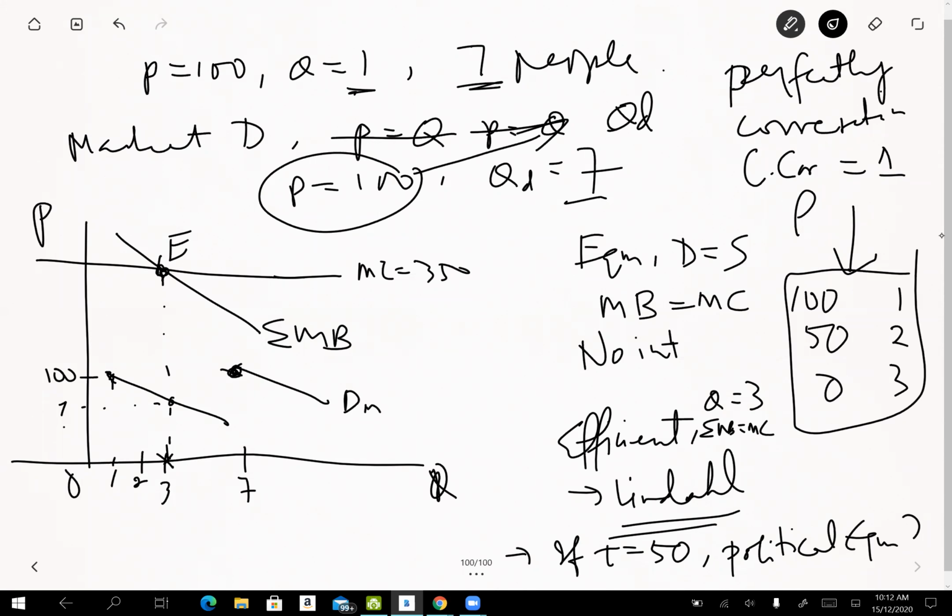Of course, you assume perfect correlation, but they want to see that the political equilibrium will be the same as the efficiency point. So we do this adjustment. Perfectly correlated means 75, 50. So we assume Q equal to 3 will be 50. That would be the point.